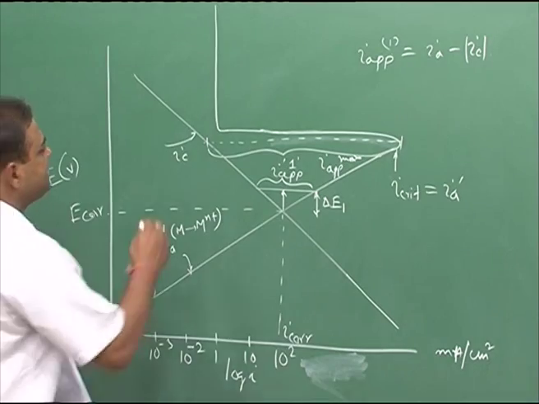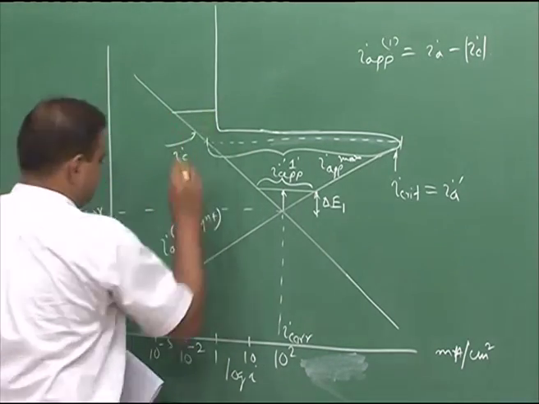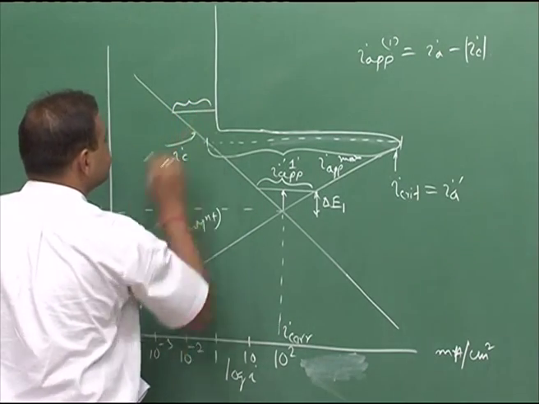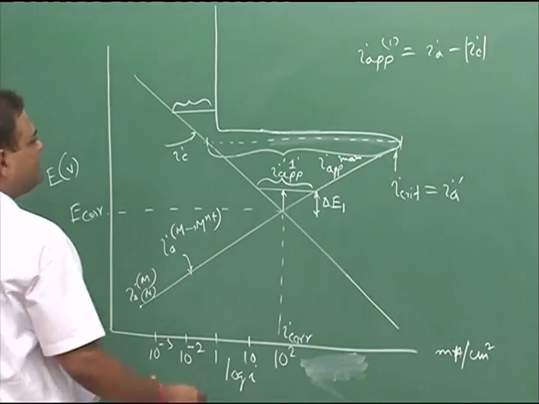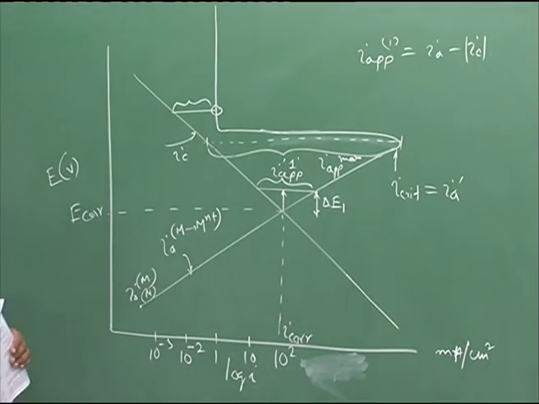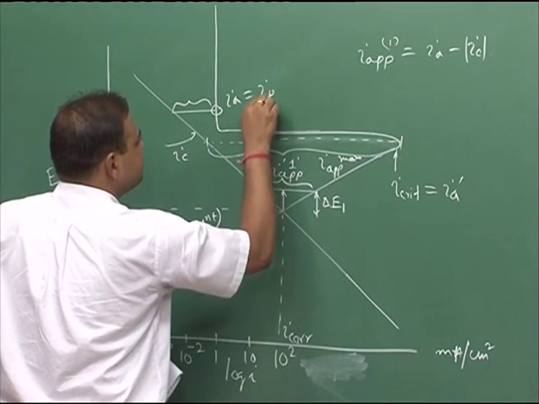Now, if we increase it a little more, let us say I have reached this place. I see my I applied would be this much, but what would be my IA? IA would be this one, and IA is equal to IP.